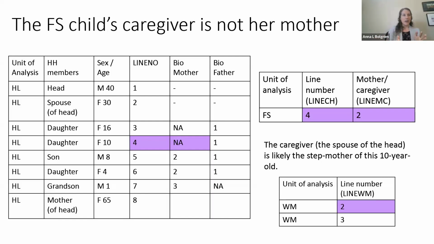It's likely in this scenario that this is the stepmother of this daughter, given that the daughter's biological father is in line 1. And therefore, we can still use the line number of the mother caregiver to link to the woman in line 2, but we've used the household roster to confirm that this is not this child's biologic mother.